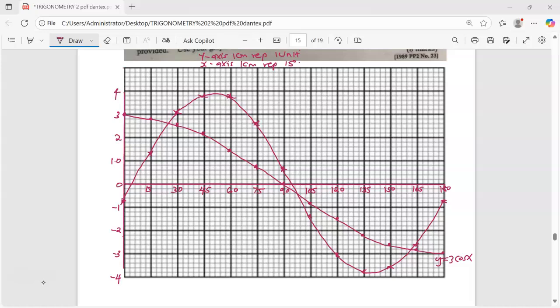So once we have joined all the points, we come and name this curve, which is y is equal to 4 sin 2x minus 10. And the other one is already named.